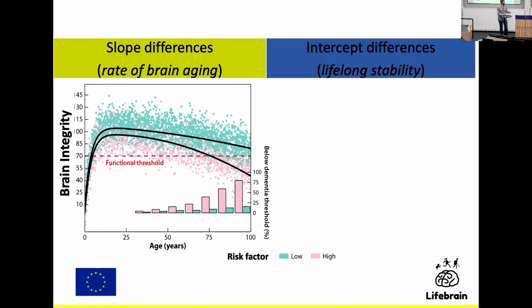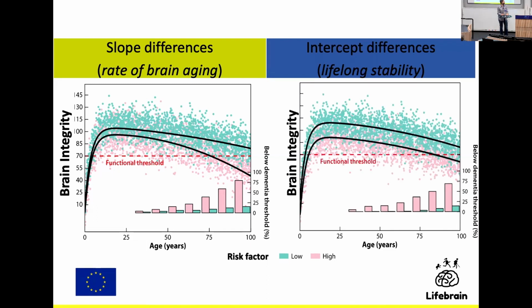However, it can also reflect intercept differences. Here you can see these parallel lines, meaning that essentially these two hypothetical groups would show similar rates of brain decline over time, and the differences between the two groups have earlier origins. Maybe they are congenital or might appear during development.